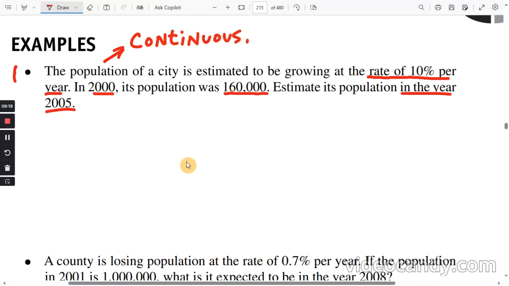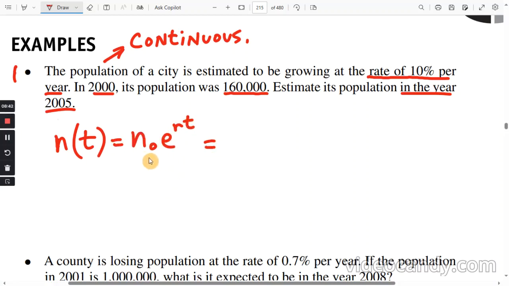So it's still A equals Pert, but we write it as N of t equals N sub 0 times e to the power of rt.